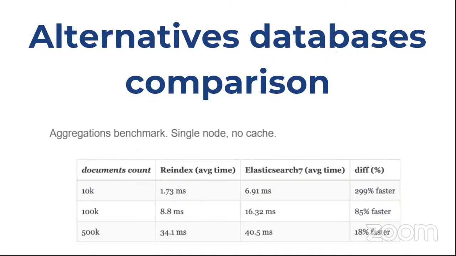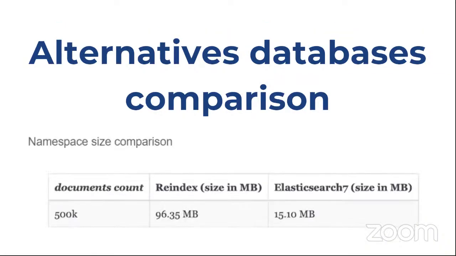We used a single node and no cache. And if we talk about size compression, Reindex takes much more size for the same data set.